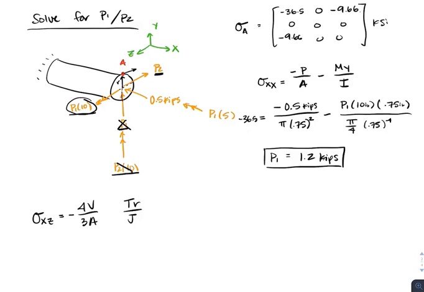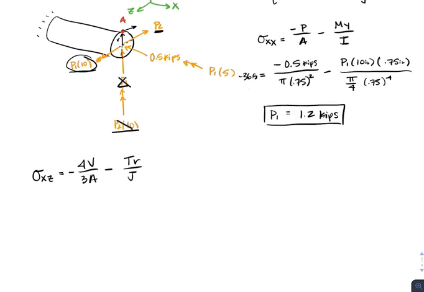If you look at the torque, you put your thumb, using the right hand rule, in the direction of the torque and then twist. If you stop at point A, that's the direction that your stress is going to be going in. So that's also in the negative z direction. So that means we're also going to have a negative torque.